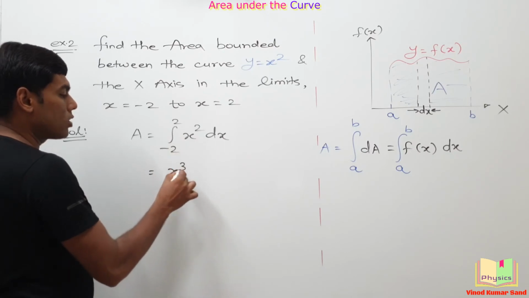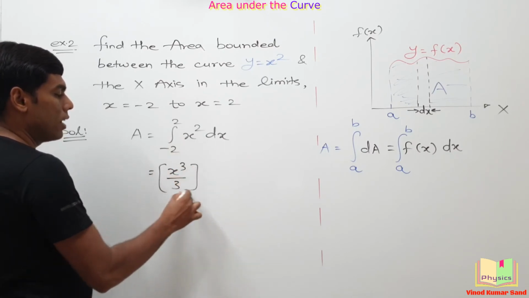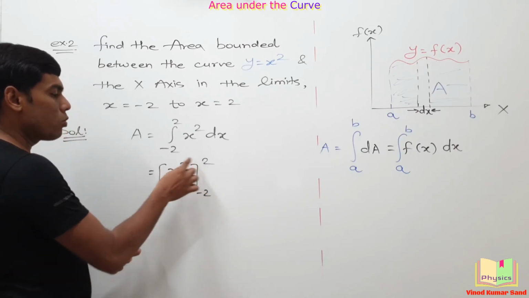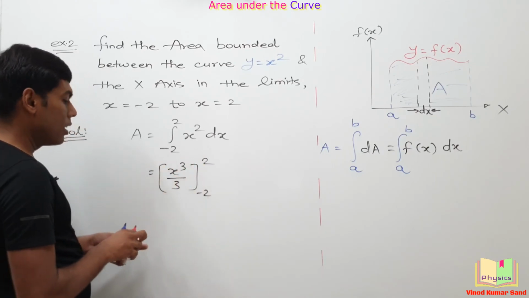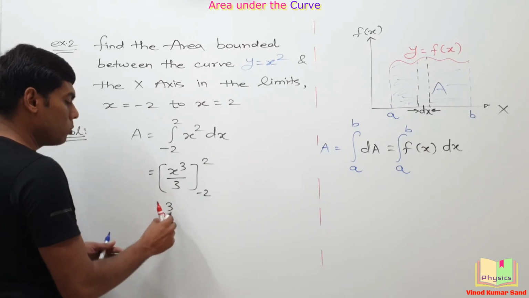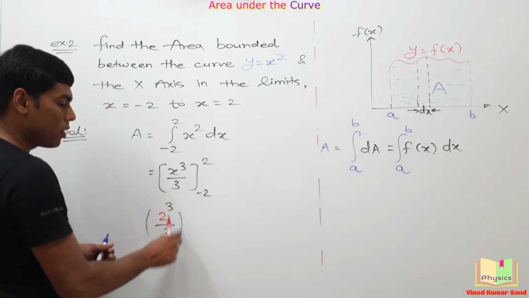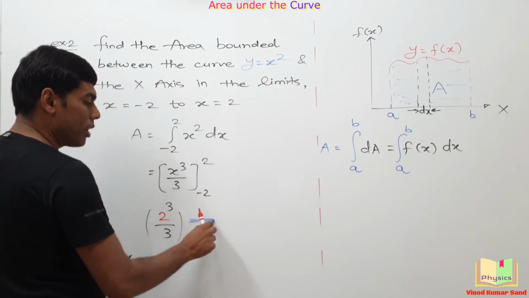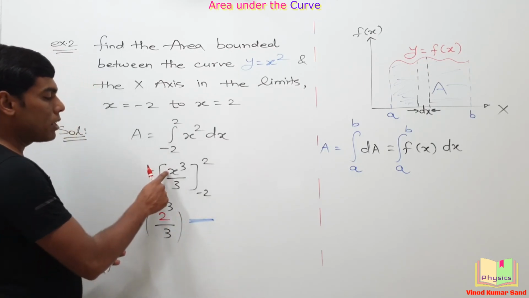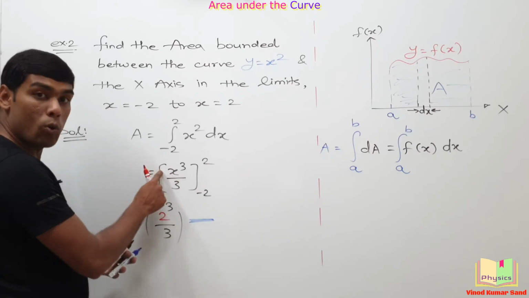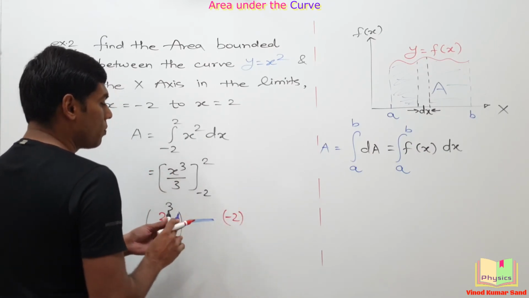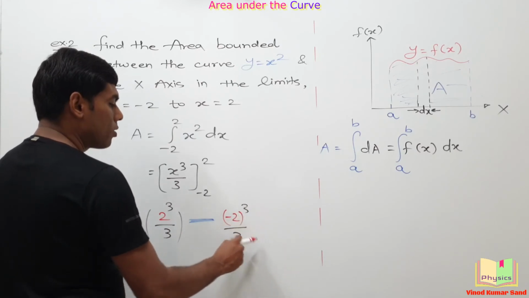It will be x cube by 3 and the limit is minus 2 to 2. At the place of x, first you will put the upper limit. So it will become 2 cube by 3. Okay. Then there is a minus sign due to the formula itself. Now at the place of x, you will put the lower limit. So minus 2 cube divided by 3.